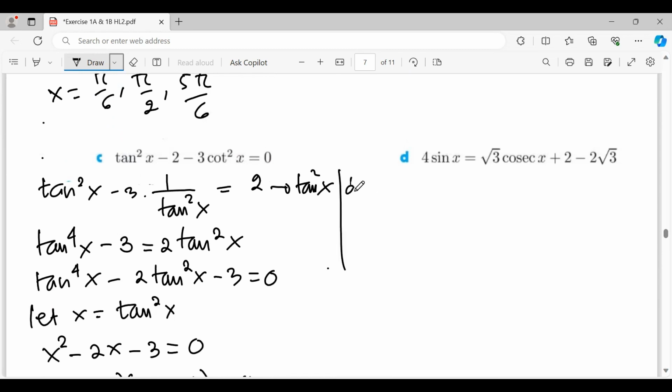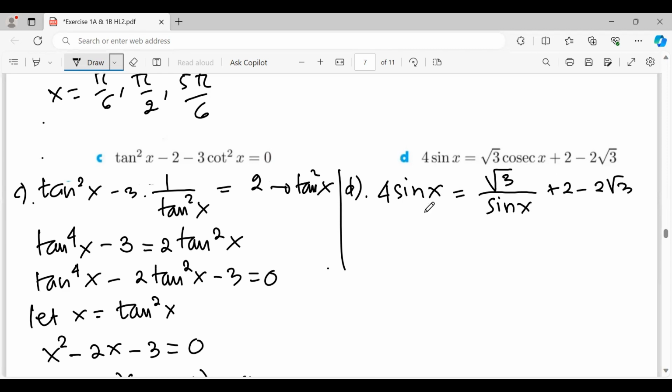Now D, it is C. I will convert this. It becomes 1 over sine. Okay. If converted into 1 over sine, this equation becomes 4 sine x equals root 3 over sine x plus 2 minus 2 root 3.